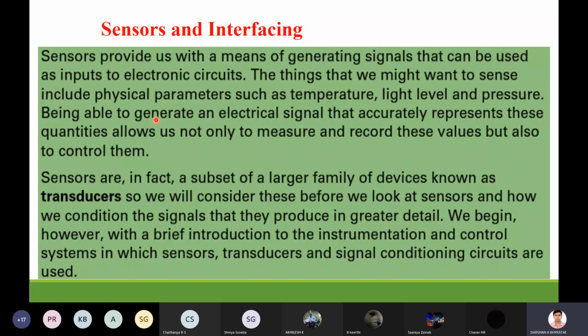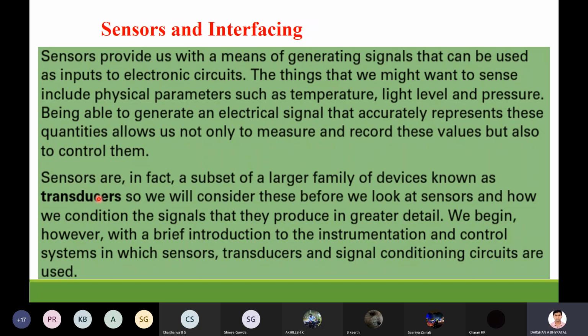Also, the sensor is a part of the transducers. Transducers I will explain after 5 to 6 slides.